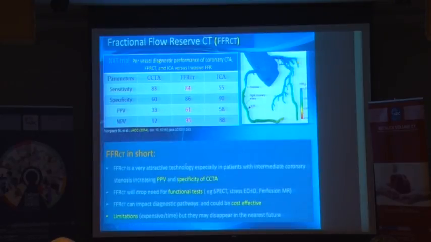So FFR technique is a promising technique, and it's coming. It's a little expensive, but it will be combined with CT, and it will come with future CT machines. It will drop the need for functional tests, SPECT and stress echo and perfusion MR, and it will surely be very cost effective in a few years.